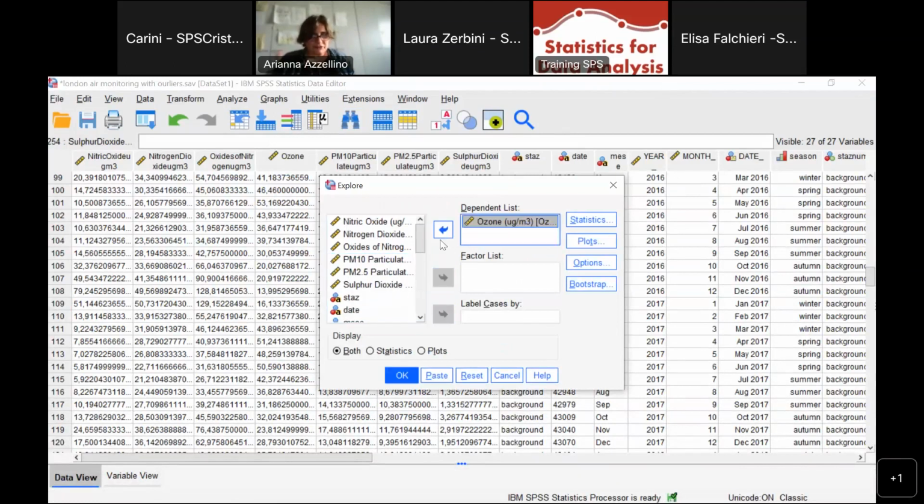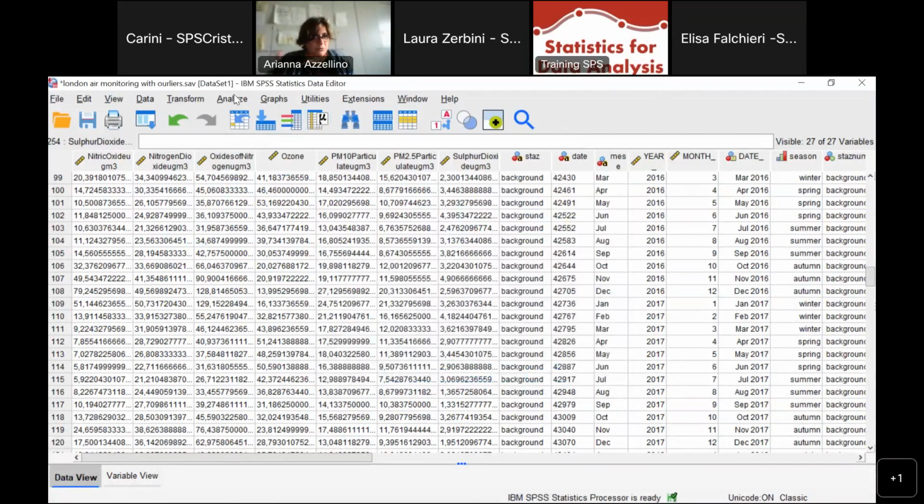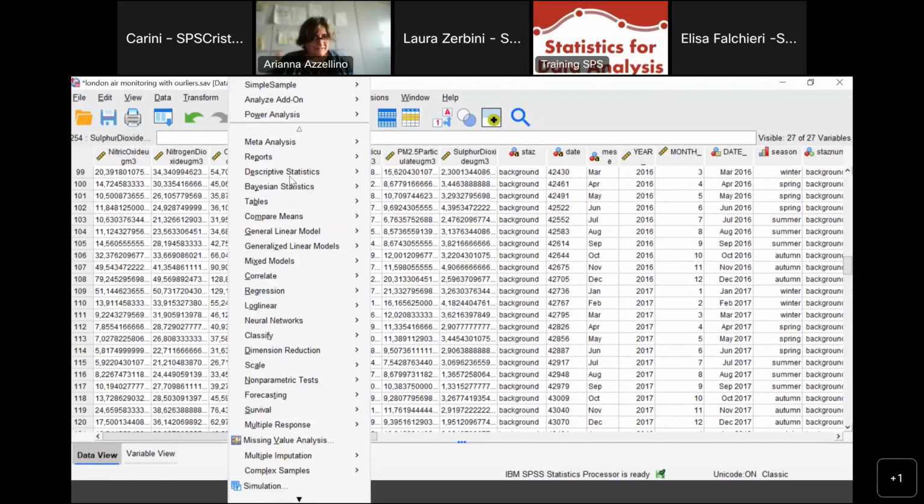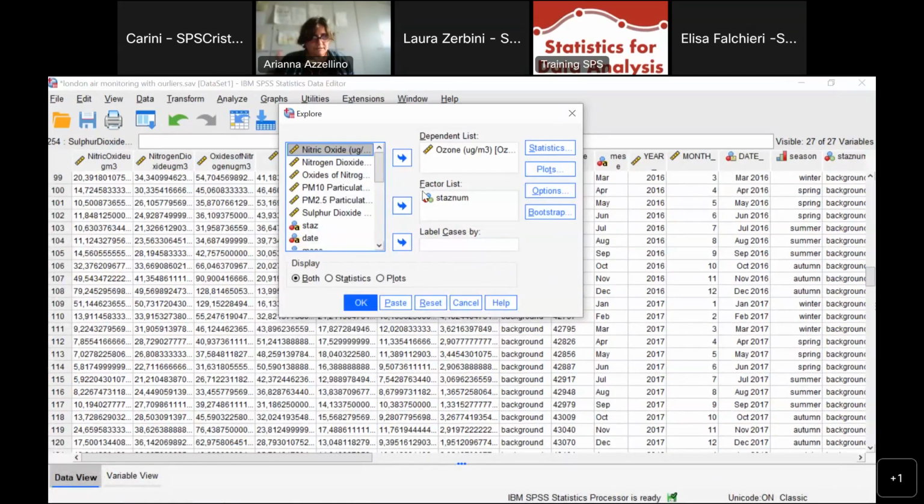Okay, sorry for that. So I will quickly show where the explore command is in the analyze menu of statistics. It is included within the descriptive statistics menu, and by selecting ozone, I will reset my previous option here.